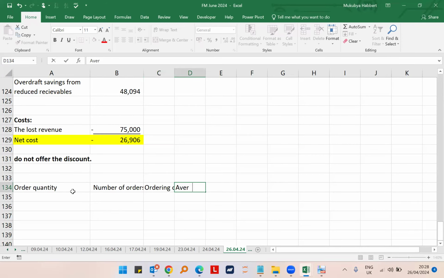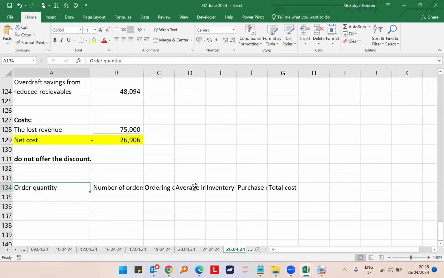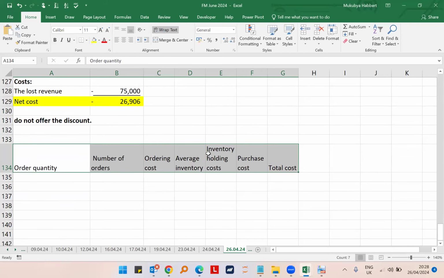Then you have average inventory, then inventory holding costs, then purchase cost. Then you have total cost. These are the items we are going to be looking at.